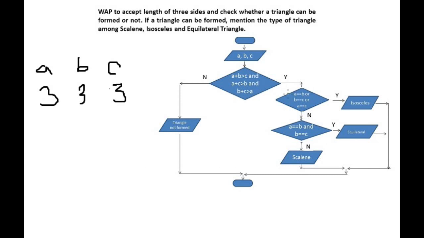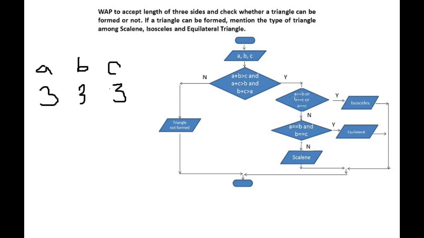Now triangle is possible here. Now what are we finding here? We are finding there are three conditions combined together with the logical operator OR. And OR says if any of this satisfies, then we could grossly say that the whole condition has satisfied. Now A is equals to B, 3 is equals to 3.